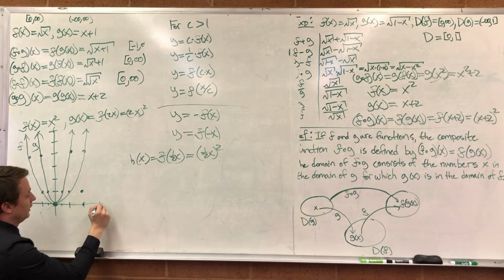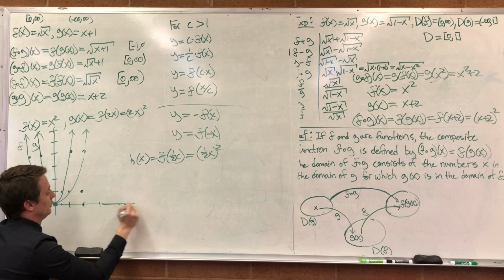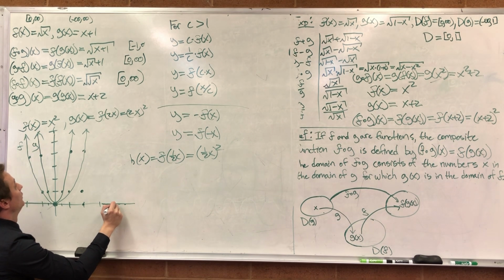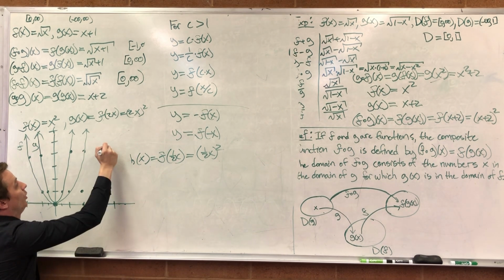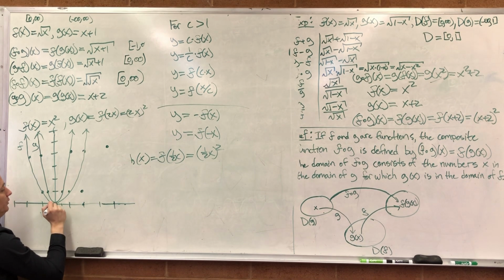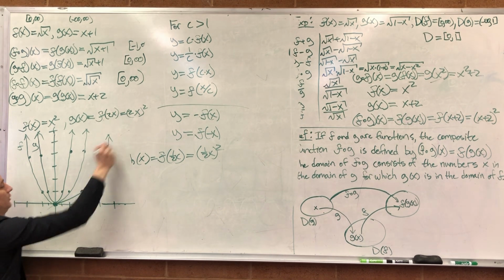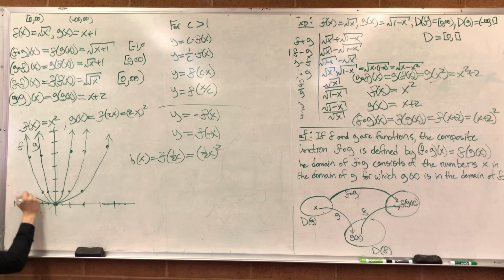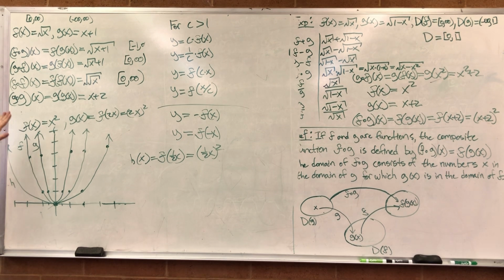When I plug in 4, what do I get? 4. So you see how this one's curving off this way, right? And it's stretched out, and obviously this one will curve off the same way on that side. And this was h. So h was stretching it horizontally, and g was compressing it horizontally. So hopefully those now make sense to your intuition.